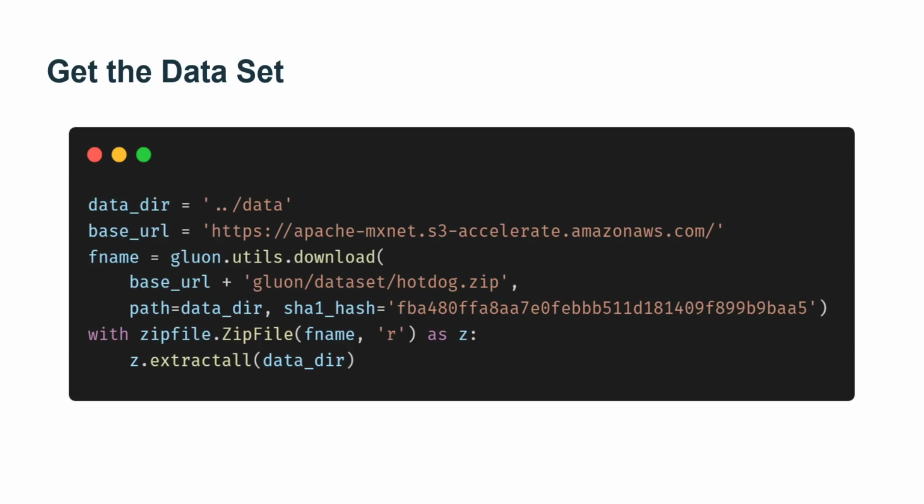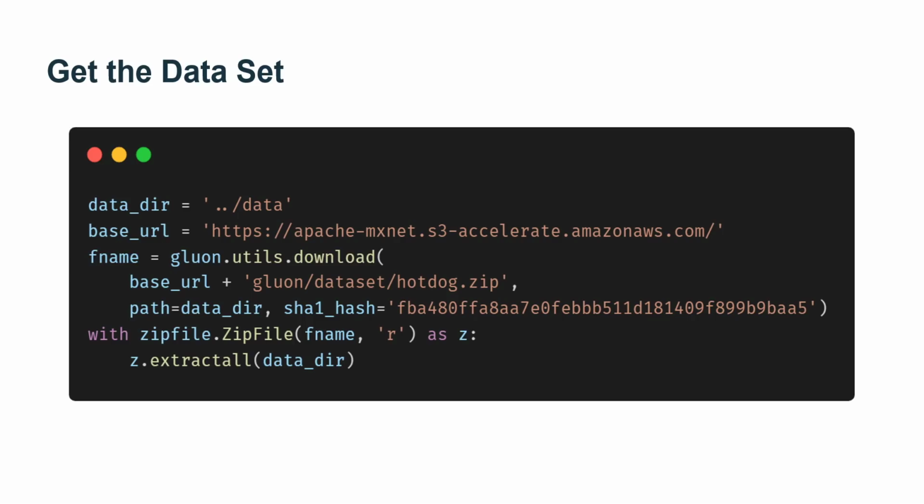The hot dog dataset we used was taken from online images and contained 1,400 positive images containing a hot dog and the same number of negative images containing other foods. 1,000 images of various classes are used for training and the rest are used for testing.